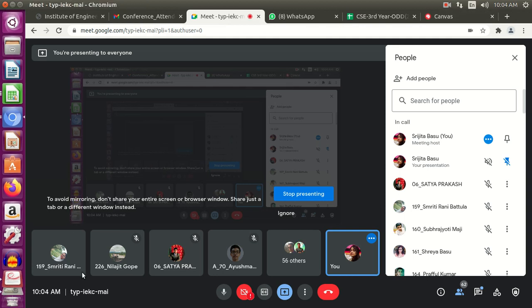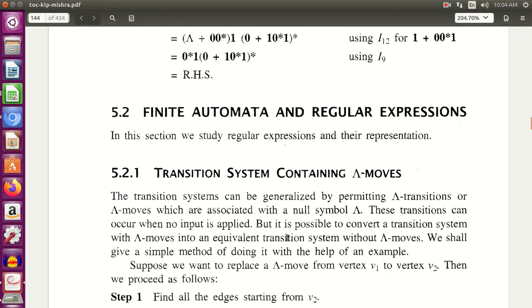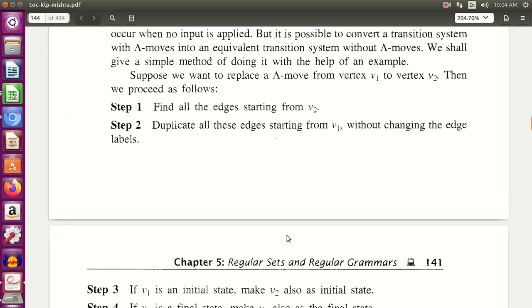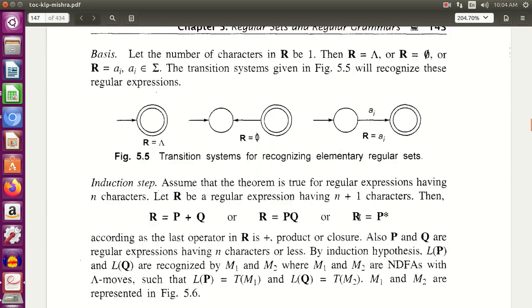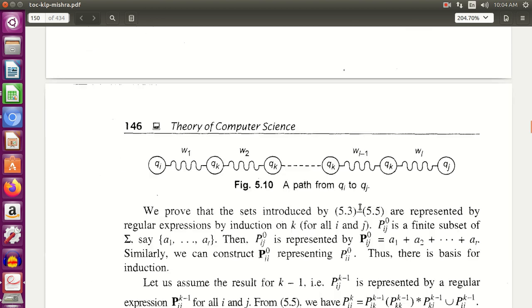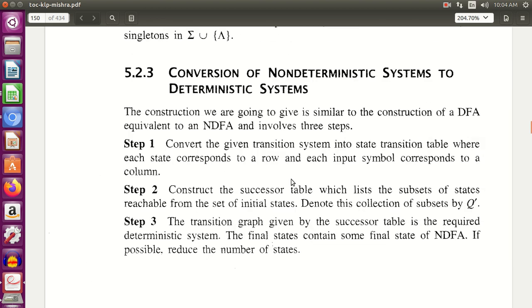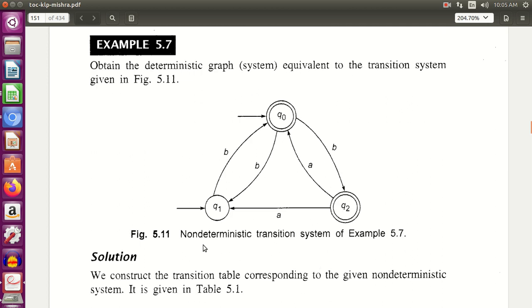Okay. So we have a few more examples, and what we will see mainly in our next class is, wait, let me show you. We'll start off with conversion of a DFA or an NDFA, whatever is given to you, to the equivalent regular expression.